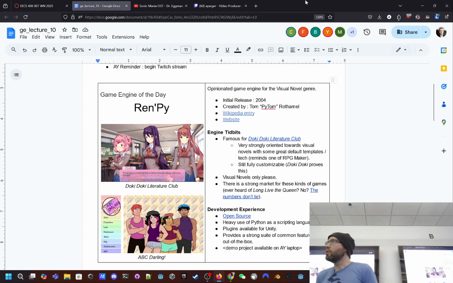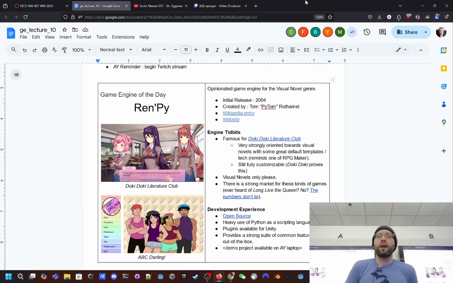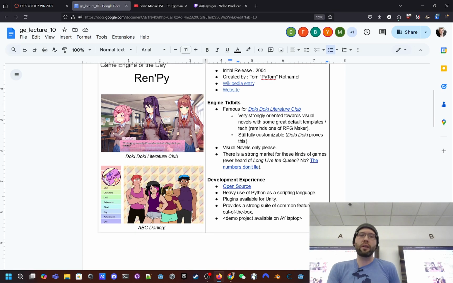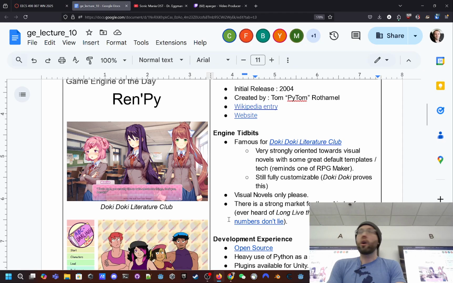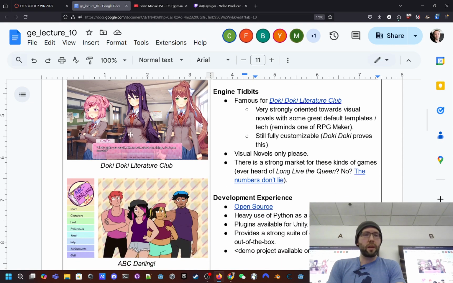So they use their RenPy engine to make visual novel games really quickly and really effectively. You get a ton of features like an automatic save and load system when you use RenPy. You don't have to implement that yourself. You just get it. Okay. It supports variables. It supports branching decision trees.